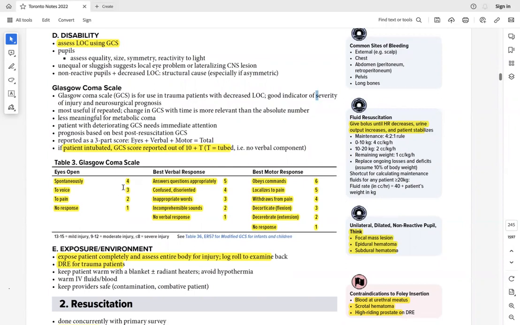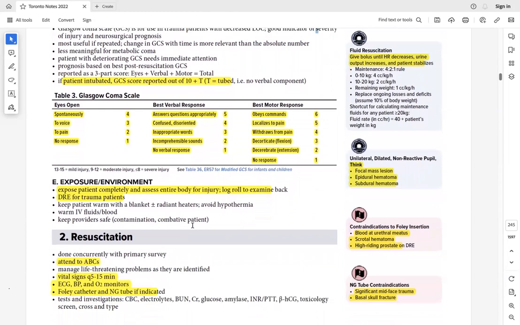So do memorize these. Eye opening spontaneous is 4, and verbal response inappropriate words is 3. You should know this at your fingertips. Remember that. They will just give you the findings and ask you to calculate the GCS.